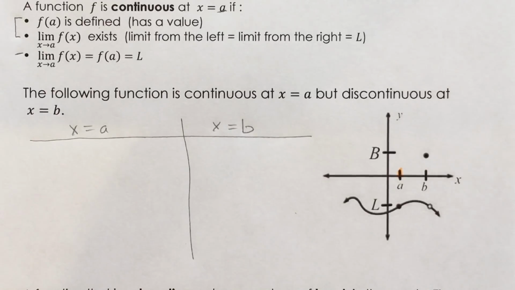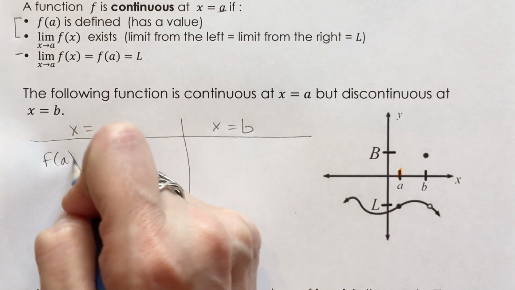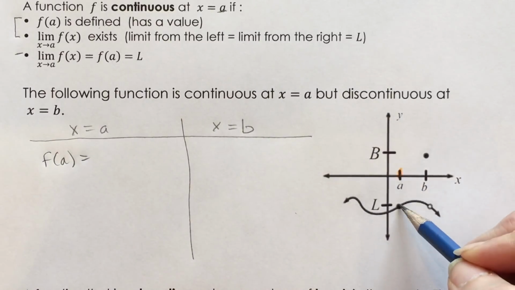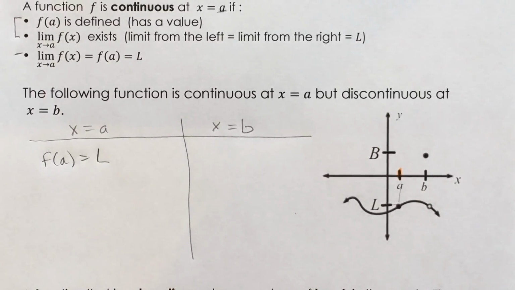Here's our function, this curve here, and also this little point up here. That's our function, and it passes the vertical line test. For every x value, there's just one y value. So f at a, first of all, has to exist. What is the value of f at a? If you look down here and over, it looks like it's L. Okay, so it passes part one of the test.